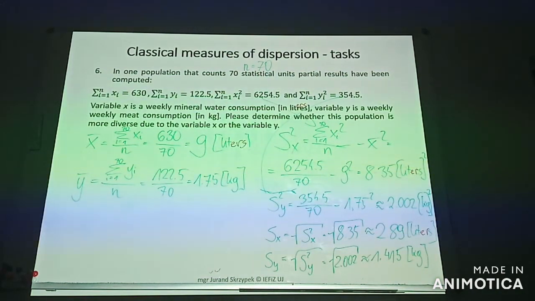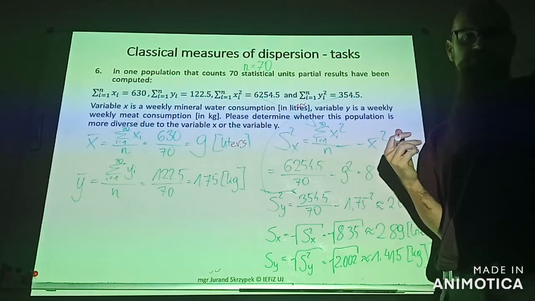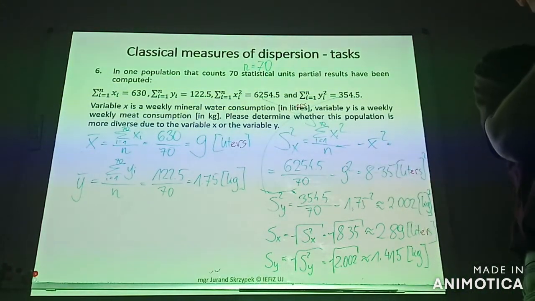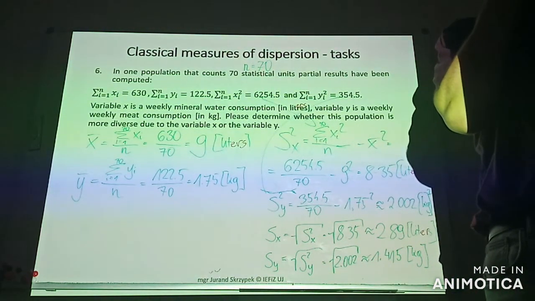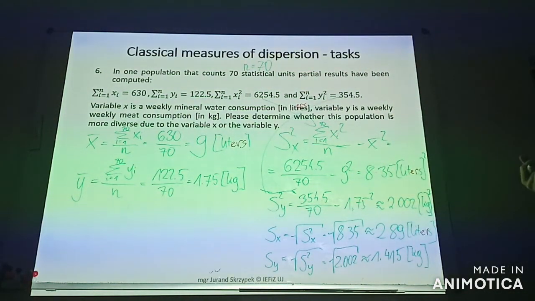Everyone needs it. We should drink at least 1.5 liters of water per day. Everyone needs it, so it's an objective criterion.